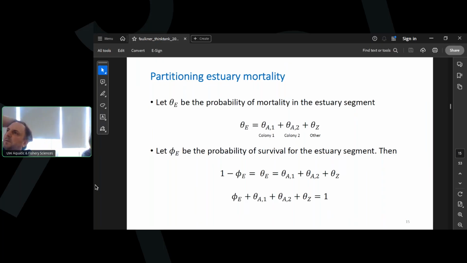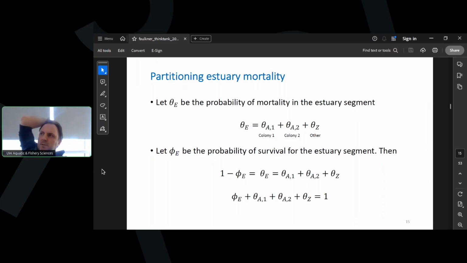Now this is one of the interesting parts. Quinn Payton at Real Time Research came up with this idea, because they do all this work with the avian tag recoveries and predation rate estimation. This comes from his book, how I'm doing this. Let's say theta sub E is the mortality probability in the estuary.